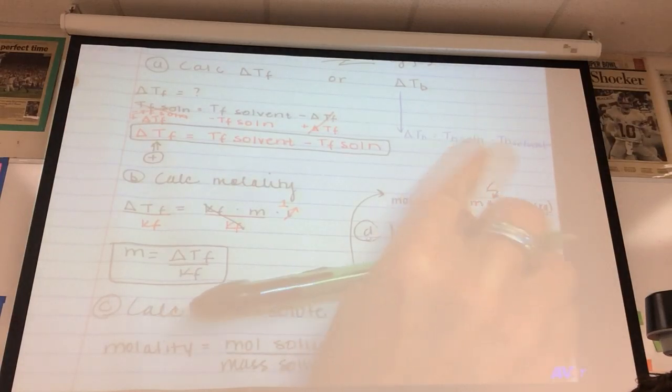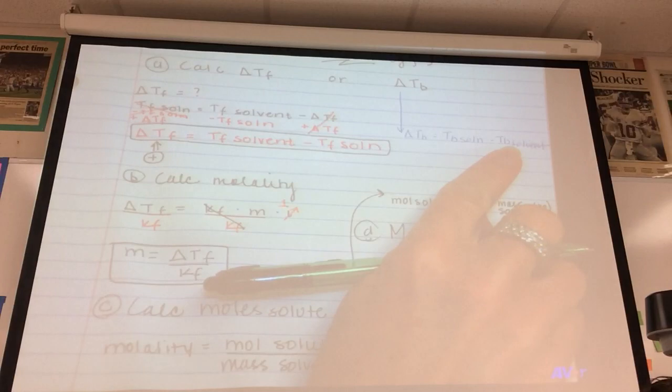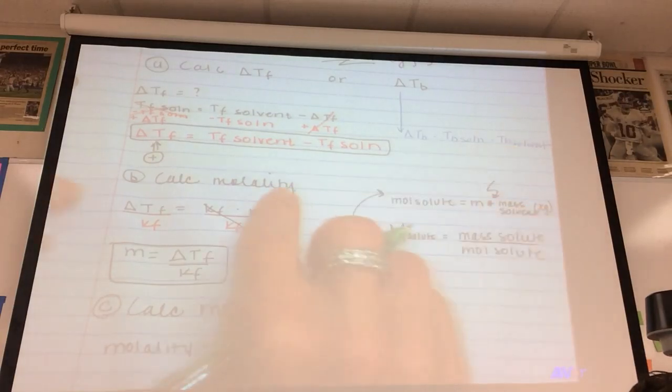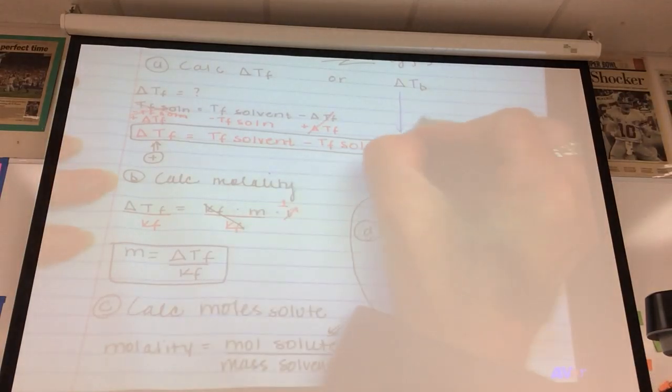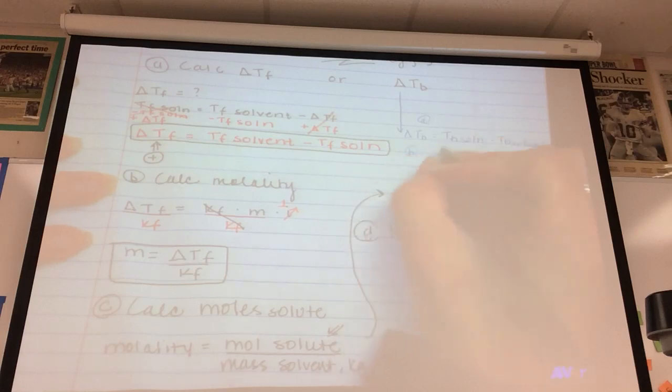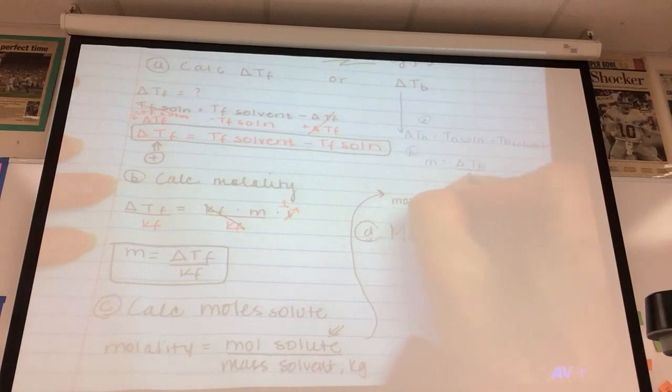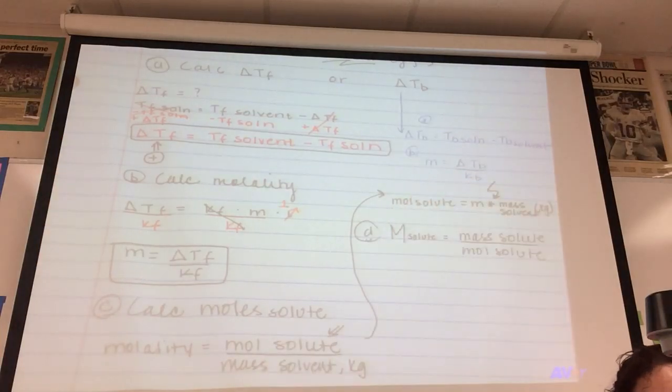Again, the larger quantity minus the smaller one. And to calculate molality, you would have the molality is equal to delta TB over KB. So those would be the two changes.